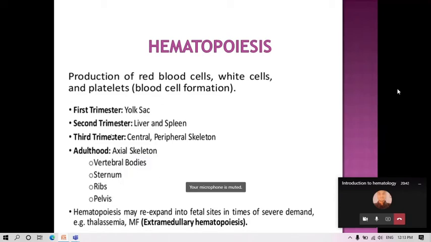But in fetal life, hematopoiesis occurs in the yolk sac, and from the second trimester onwards it starts in the liver and spleen, and from the third trimester onwards it starts occurring in the peripheral skeleton. So normally it occurs in the bone marrow.